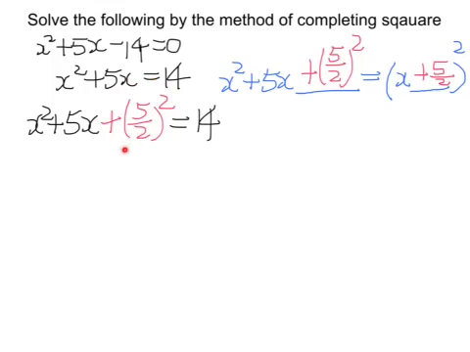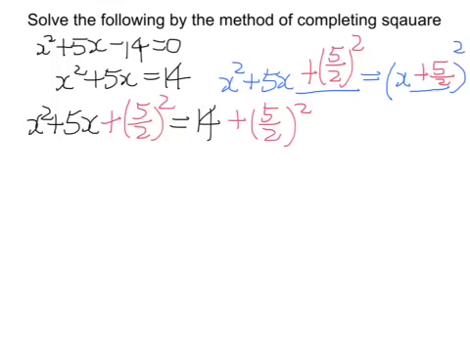Now if you add one thing on the left hand side, of course you need to do the same thing on the right hand side, right? So I will also add 5 over 2 all squared, because our objective is we want to make this into this form on the left hand side.